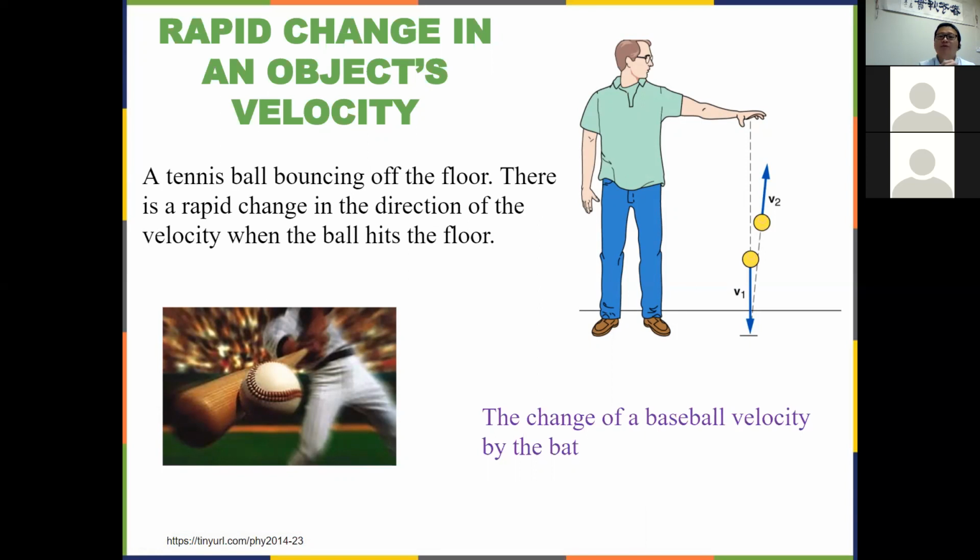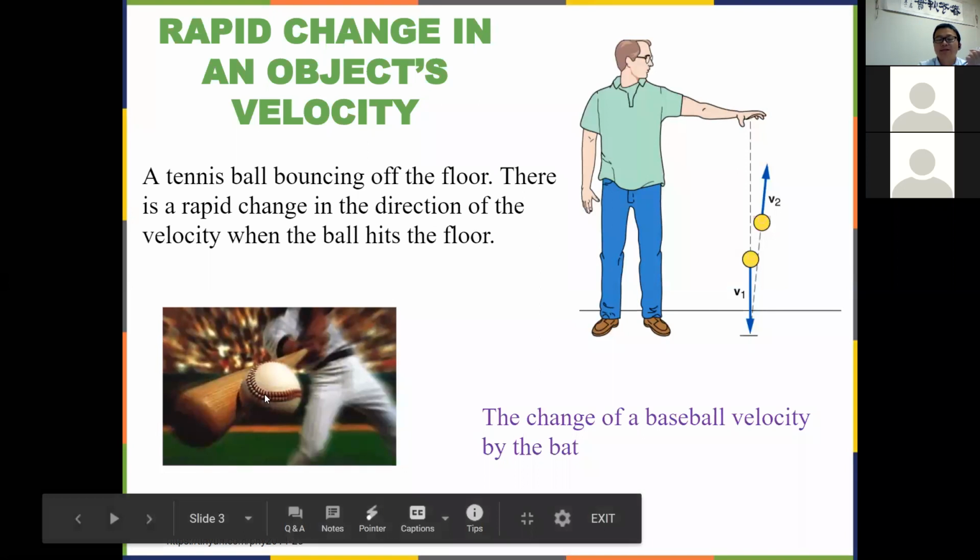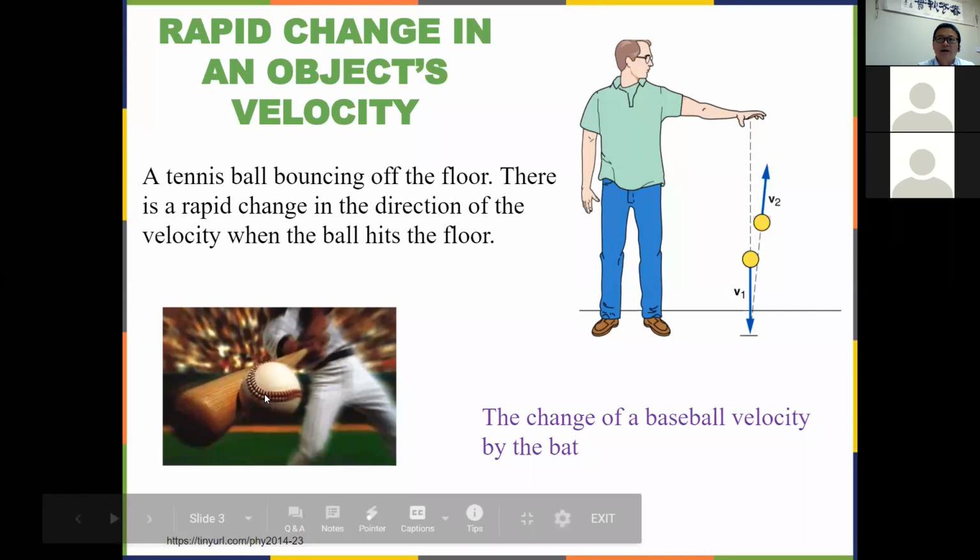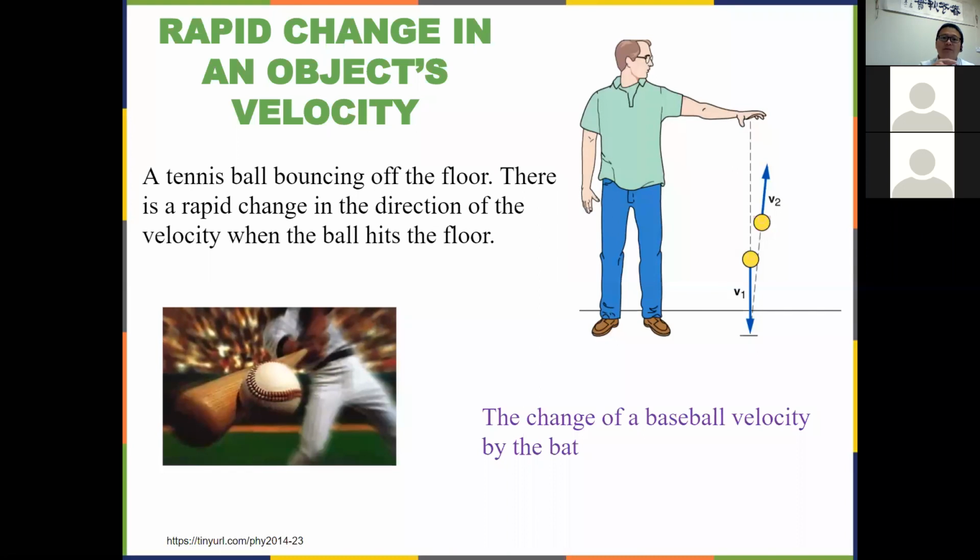In both cases the speeds are very big, sometimes like 90 miles per hour. Although the speeds may be close to each other magnitude wise, they are in opposite directions, so that means a sign of negative. Then the change of the velocity actually doubles in that case. So that's a very rapid change in velocity.